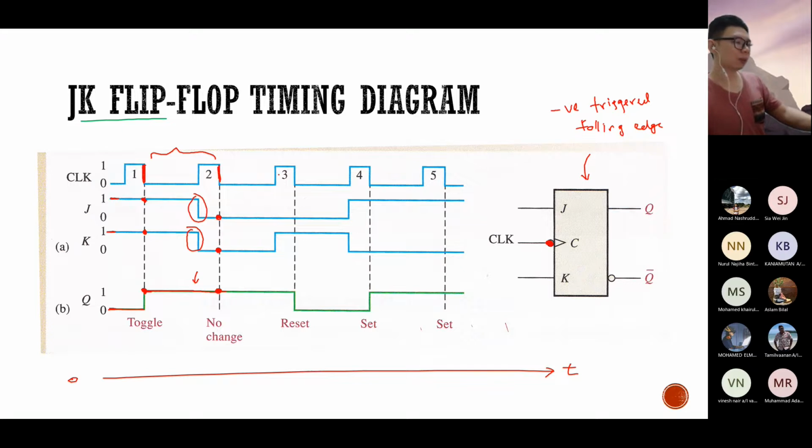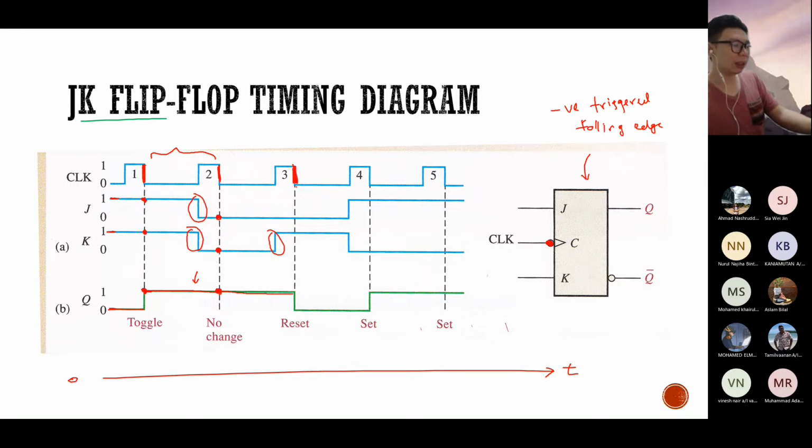Let's progress through the timing diagram further. After we have this trigger at this point, the output is just going to stay this way no matter what you do. Even though you have this change over here, the output is not going to change, because it only changes when you have another trigger, which is this vertical line over here.